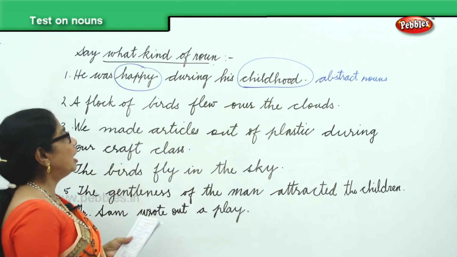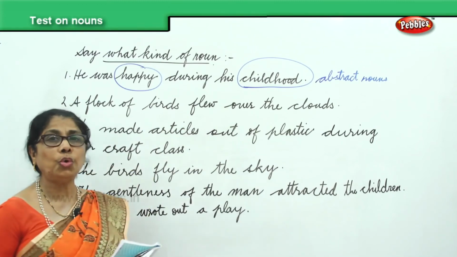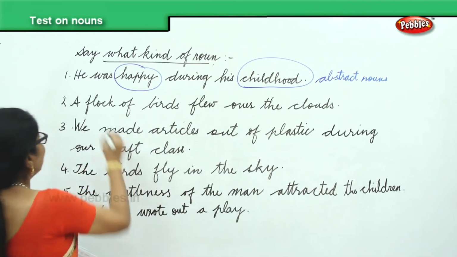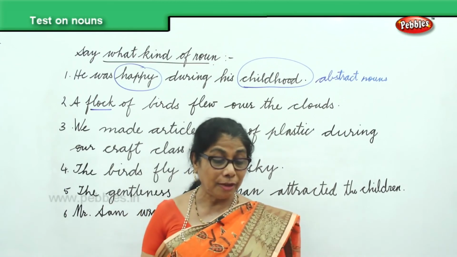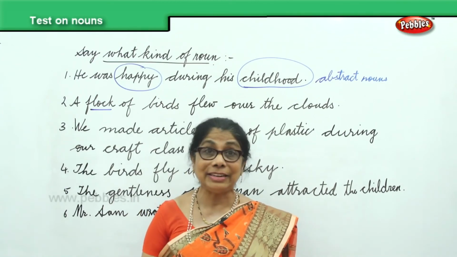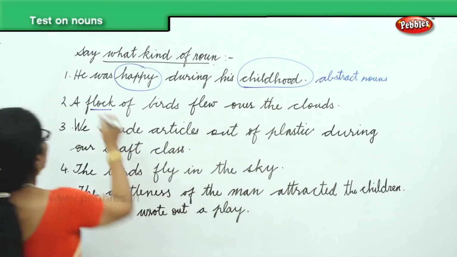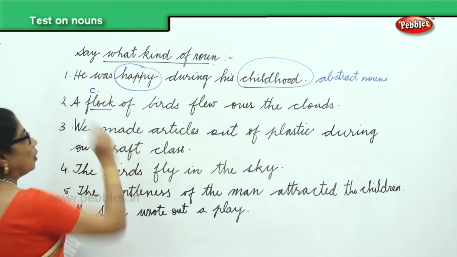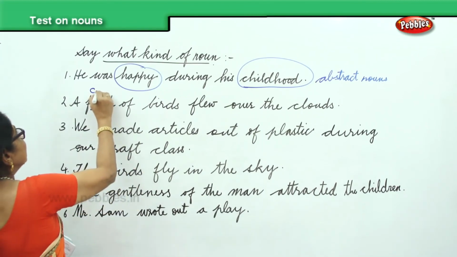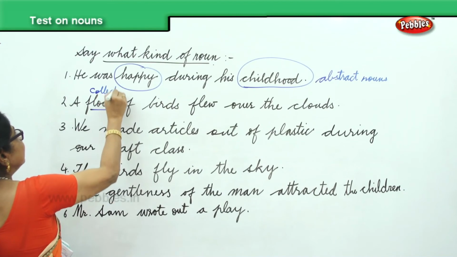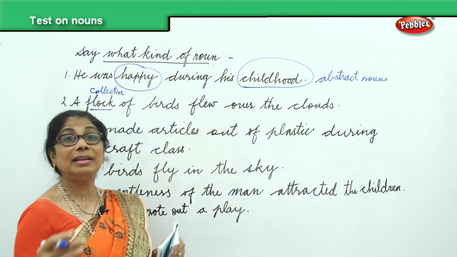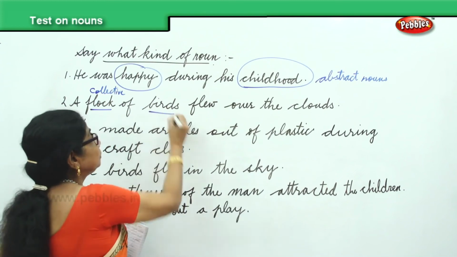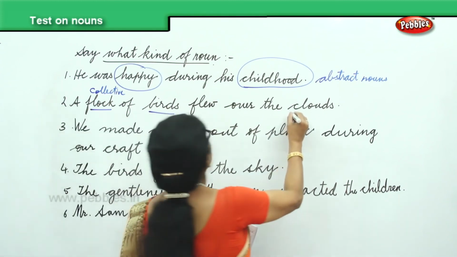Next, we have a flock of birds flew over the clouds. You have flock. What is that flock? Collective noun. Flock is the collective noun. So, I write on the top C for collective noun. Now, we have here birds, we have here clouds.